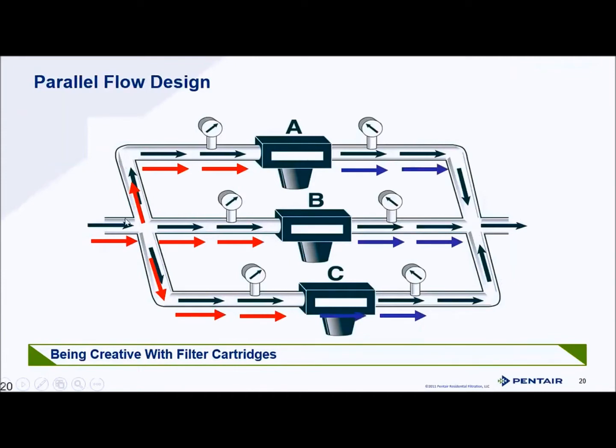Please note the trunk lines in and out must be able to handle the full flow of these three filters, so that you can put as much water into all these filters as you can to get flow out. Realize we want to maximize the flow through this sort of scenario.